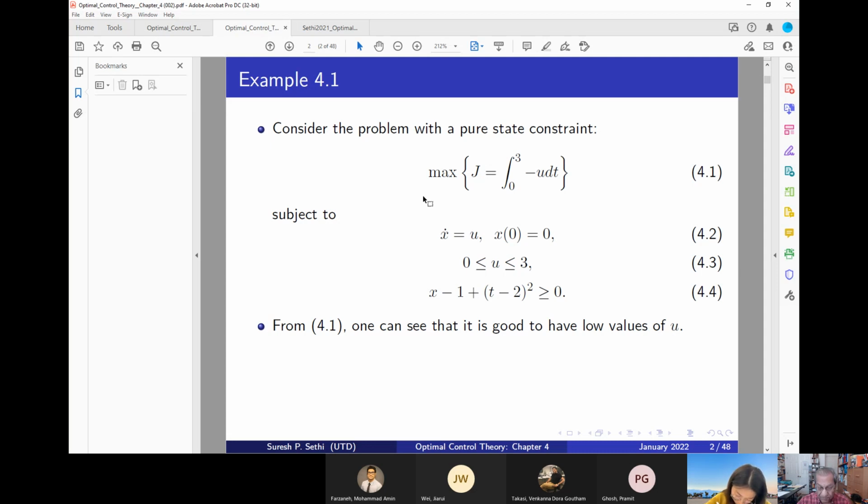Now, it is possible that x dot doesn't have u in there. Remember the train example in chapter 3: x dot was y and y dot was u.